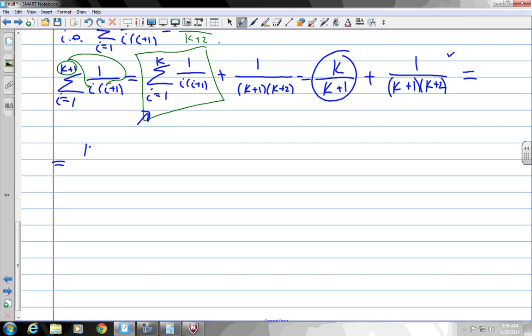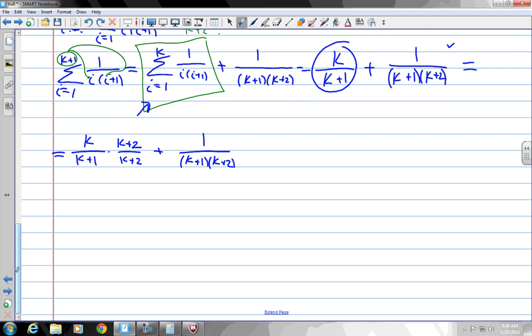That means I'll have to take the first fraction and multiply it by k plus 2 over k plus 2. That will get them to the least common denominator, plus 1 over k plus 1, k plus 2. So this becomes k times k plus 2 plus 1 over k plus 1, k plus 2.